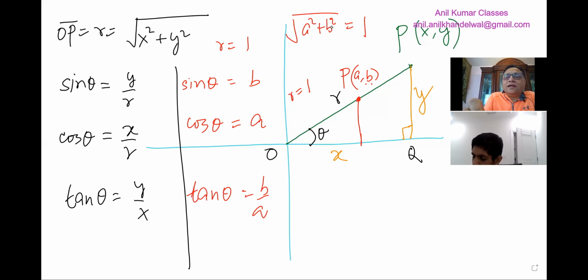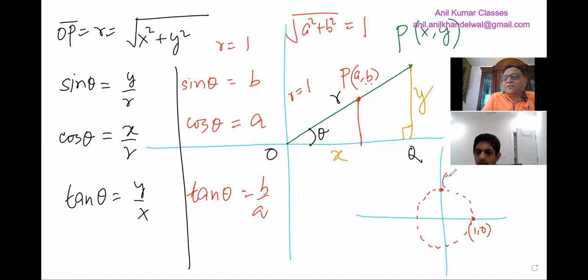Now, 1 unit away means what? Let me show you. This point is 1 unit away, right? 1, 0, correct? So we can make a circle.